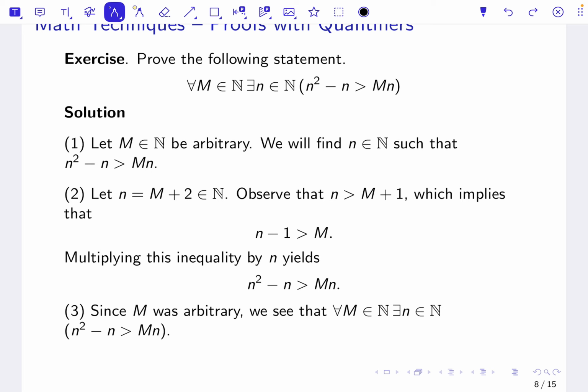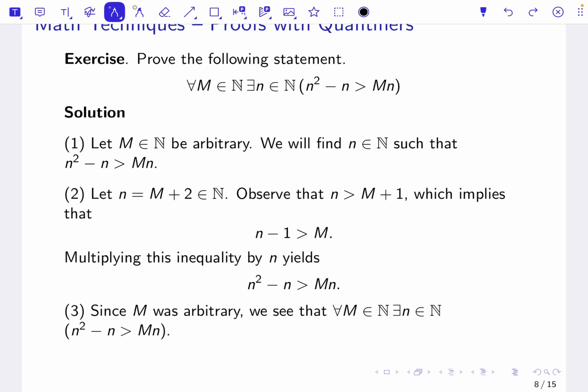Something very important to note that some students would mess up in their proofs the last time I taught this course is that you have to address the quantifiers from left to right. They are ordered. So that means you have to do m first and then define n, which is often defined in terms of earlier defined variables, which we can see in the solution happens.